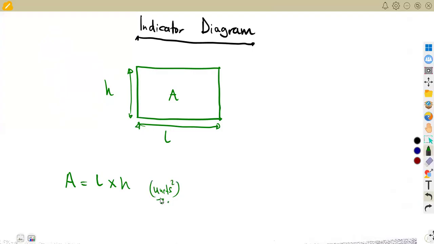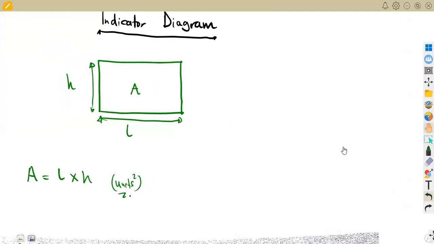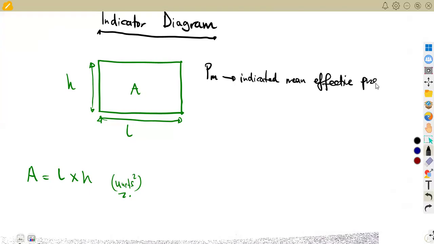Okay. So given this diagram, remember our focus here is not the area. Our focus is the indicated mean pressure. I'm going to write PM for the indicated mean effective pressure in short. Let's say we want to calculate PM.